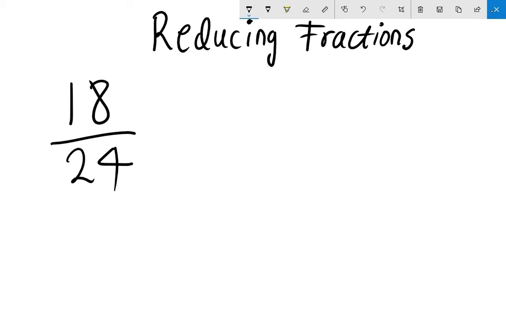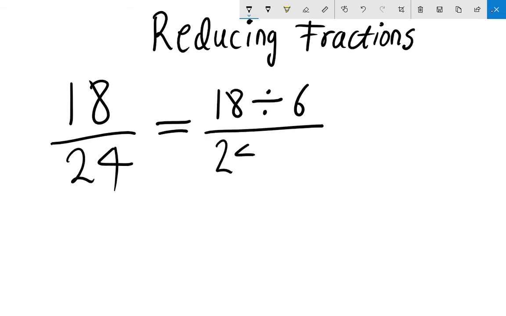So to reduce a fraction to its lowest term, we have to divide the top and the bottom by the same number, which is 6. This gives us 3 over 4.